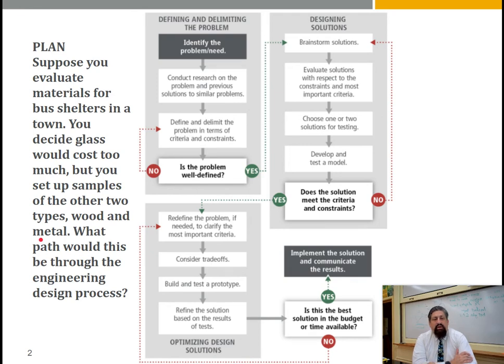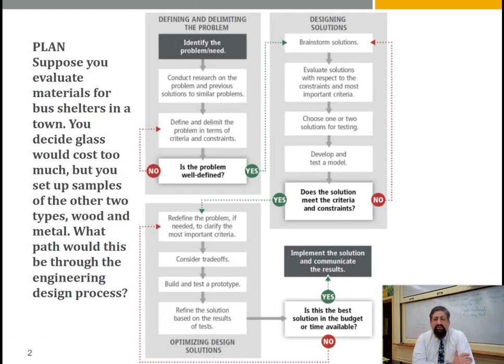So let's say you are evaluating materials for bus shelters. You realize that glass is too expensive, but you want to try to figure out what the better alternative material is, wood or metal. What step is this in the engineering design process?